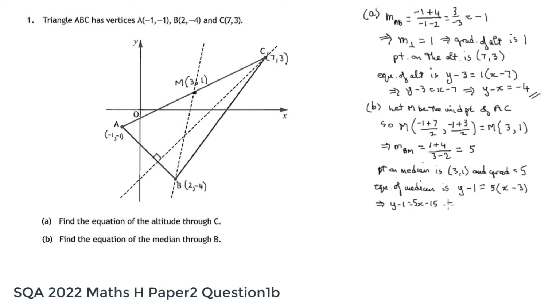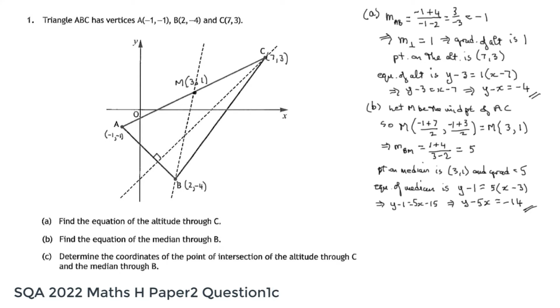And again, let's take all the variables on the left and the constants on the right. So it will be y minus 5x equals, add 1 to both sides, that's -14. So there's the equation of this median from B to M.